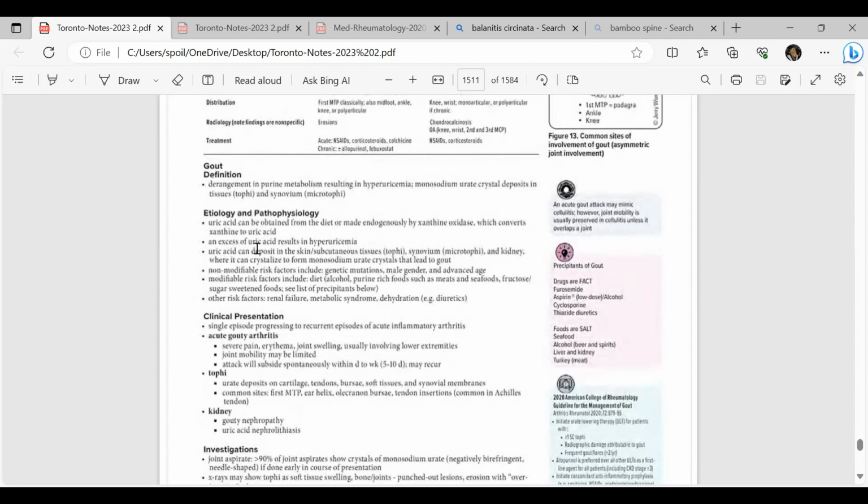Excess of uric acid results in hyperuricemia. Uric acid can deposit in the skin, subcutaneous tissue, synovium, and kidney, whereas it can crystallize to form monosodium urate crystals that lead to gout.